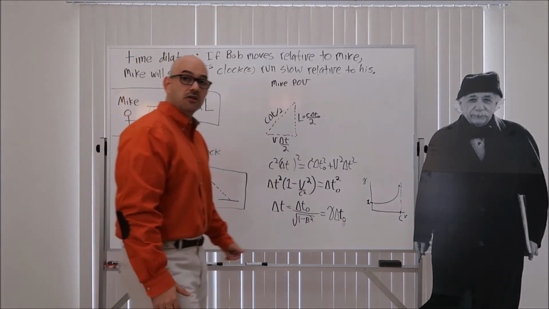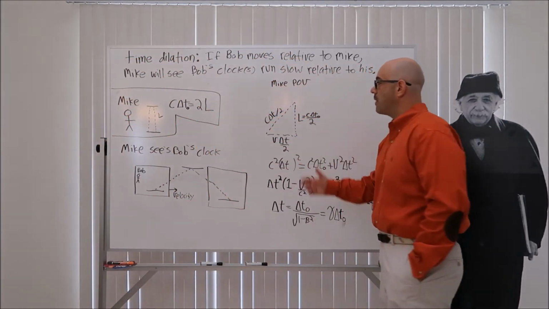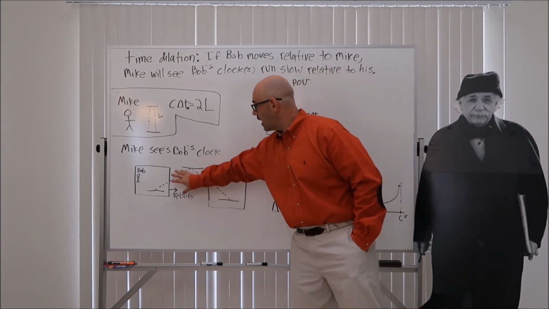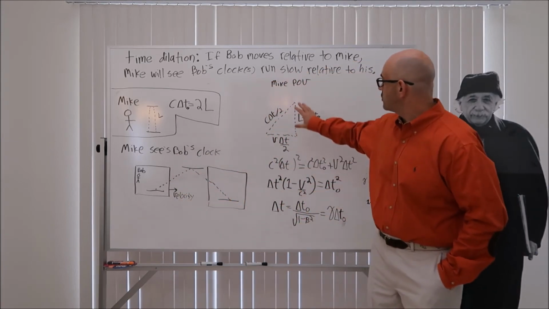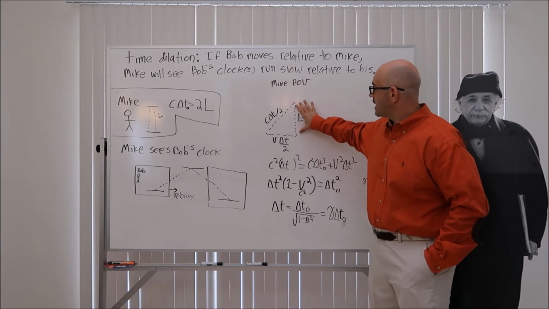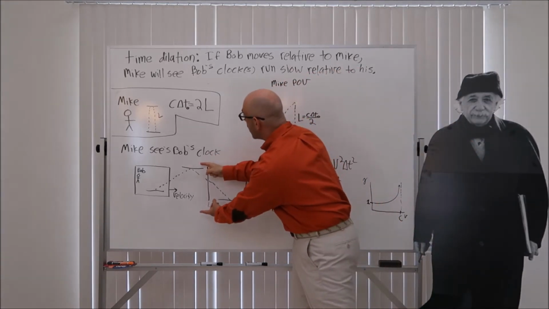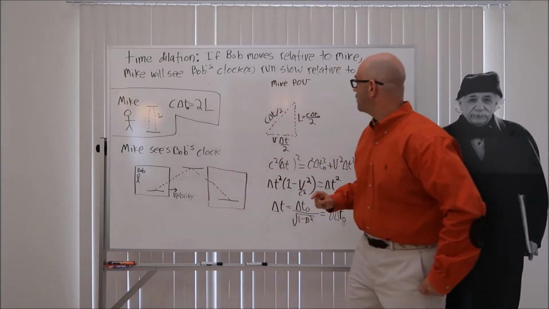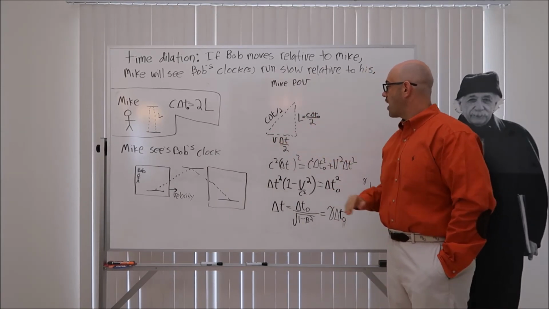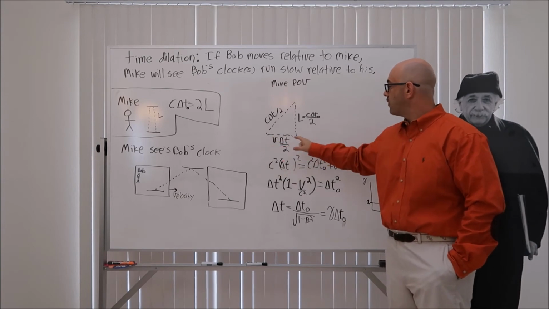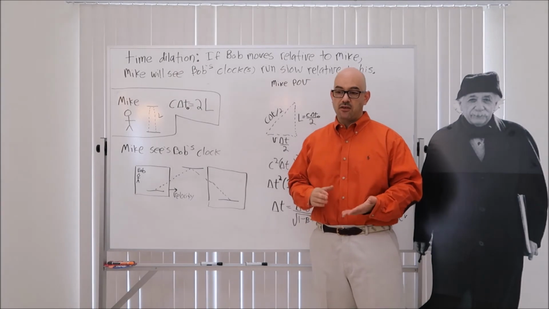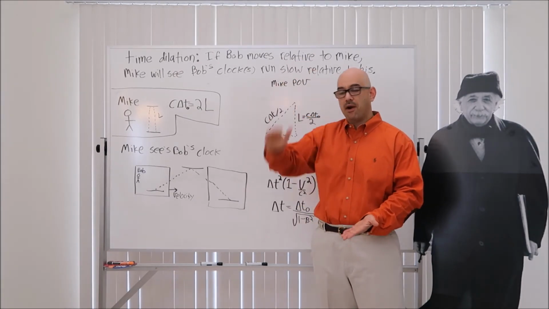So now, using some high school trigonometry, you can drop a perpendicular and make this into a right triangle. This portion of the triangle is L, which is the distance between the two light clocks. And L is equal to c delta T0 divided by 2. Then this bottom part of the triangle is the velocity that Bob is moving times delta T over 2. Delta T is the time for the light to go from the bottom mirror to the top mirror and back to the bottom.